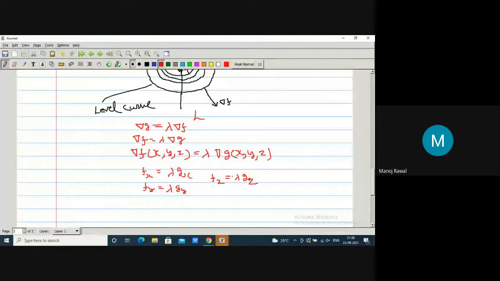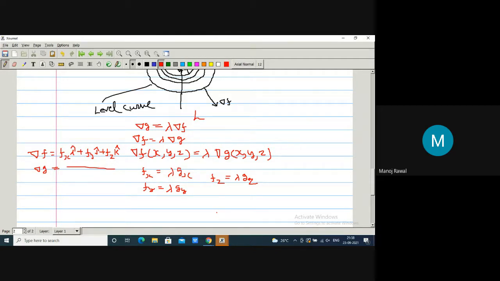If there is anyone new thinking कि ये कैसे होगा, because gradient is nothing but fx i plus fy j and fz k. This is the gradient, and similarly you can write it in terms of g also. And when you compare, the following you are going to get.